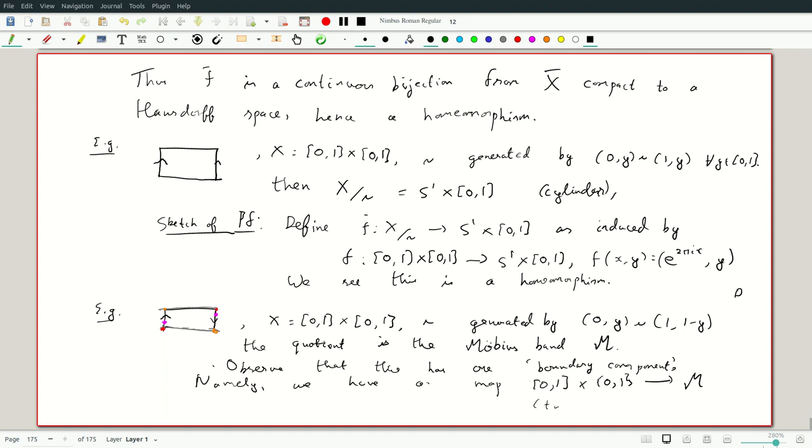So this is 2 intervals. Okay, but what does this induce?